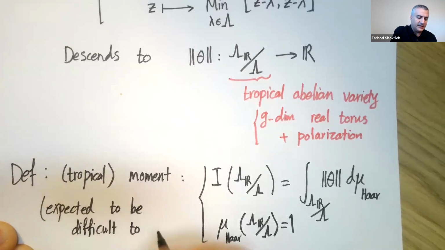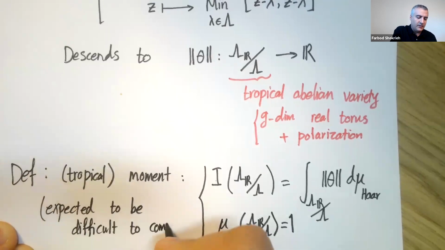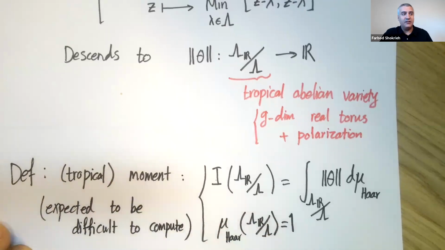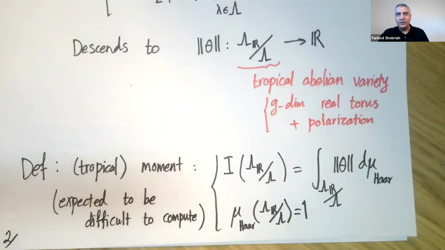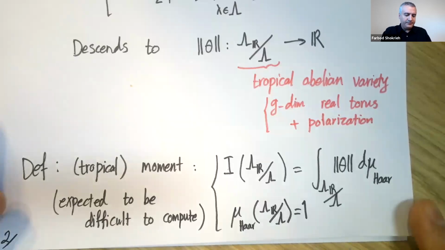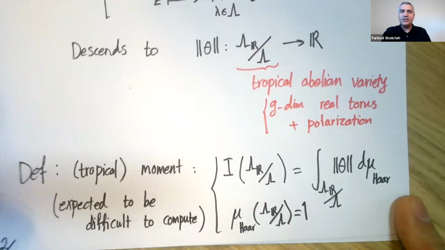And I mean that literally. On any given example, it's not easy to compute it by hand. And what I mean is that on a general lattice in a high dimension, you would expect the computational complexity of these problems to be difficult. I think it's expected to be sharply hard or even worse, maybe. Any questions?